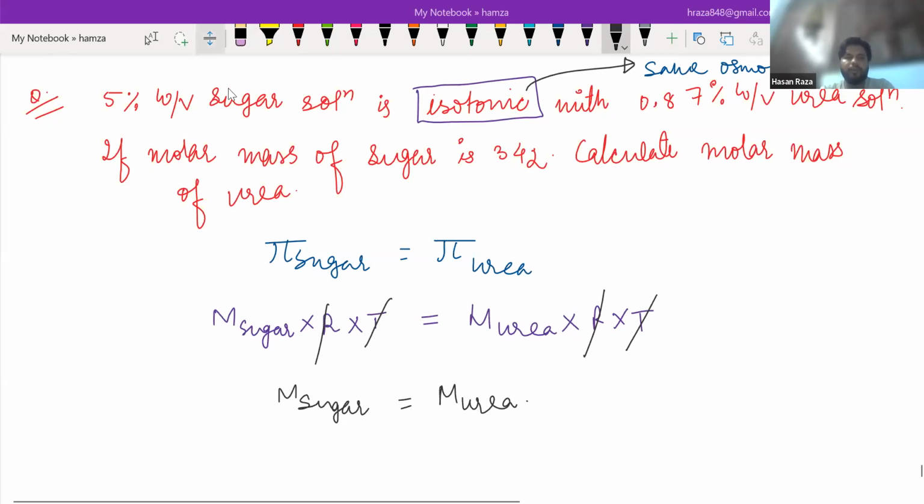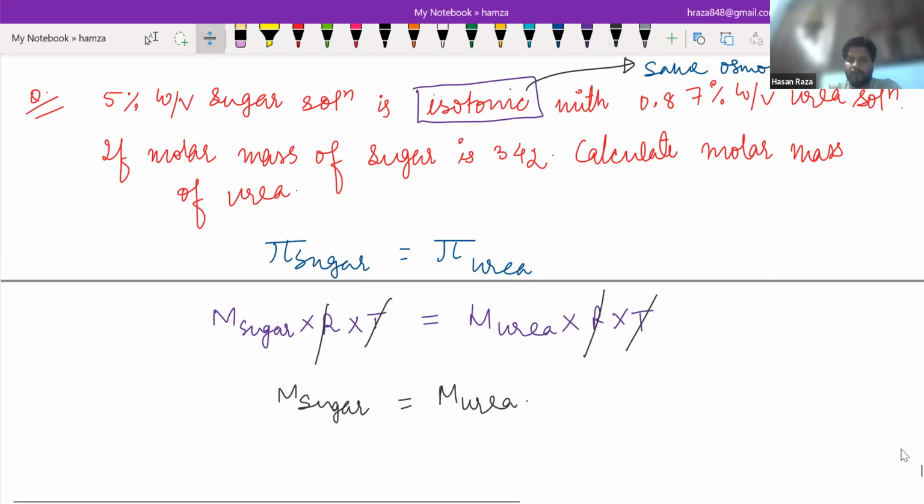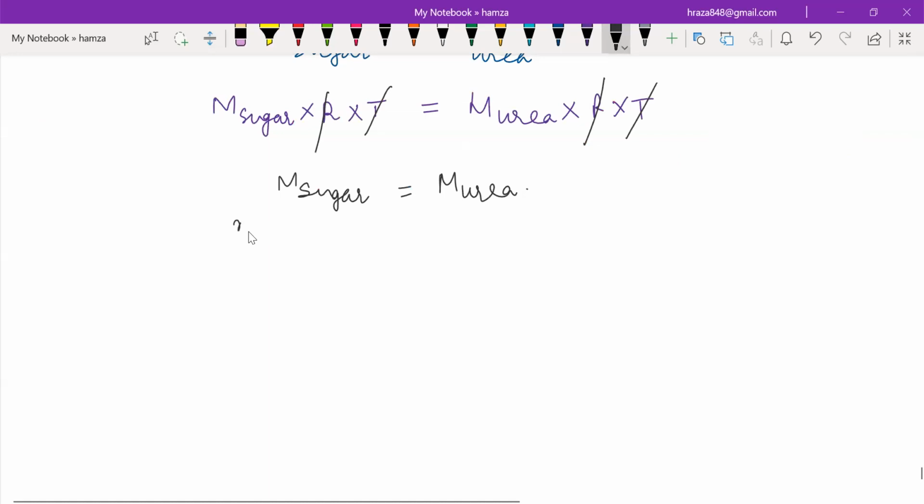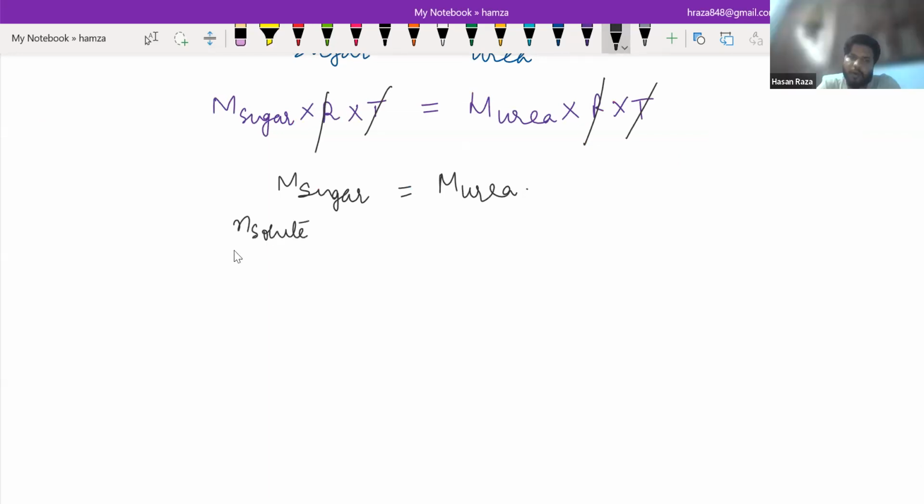Should I help you? Yes, sir. Now see, molarity has a formula: number of moles of solute upon volume of solution in liter. In the same way, you are going to use number of moles of solute, this is for sugar and this is for urea, and volume of solution in liter.